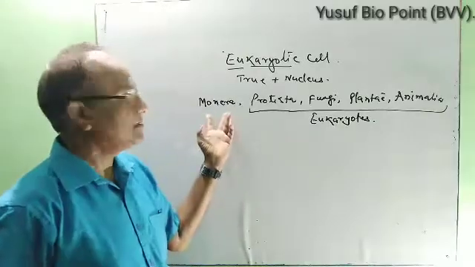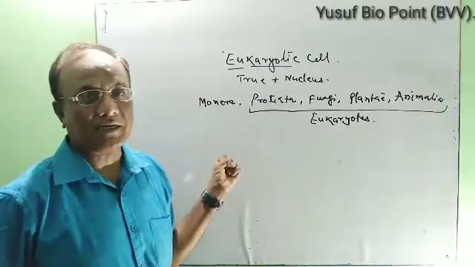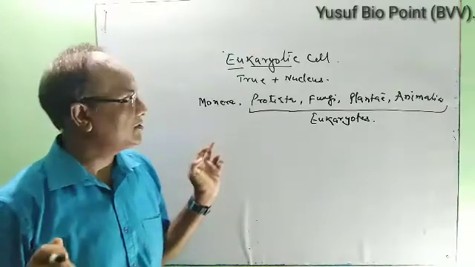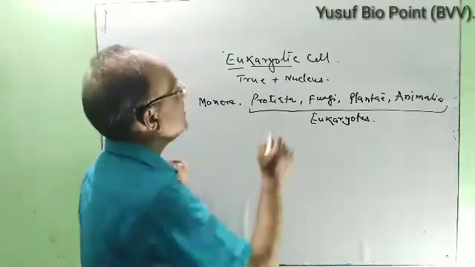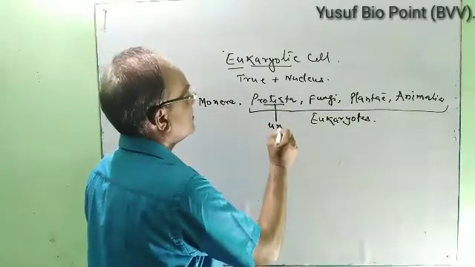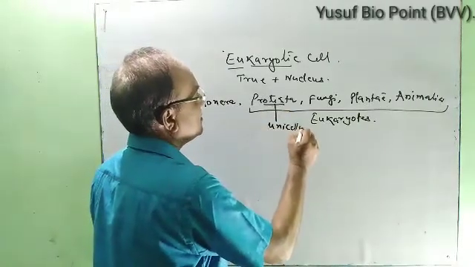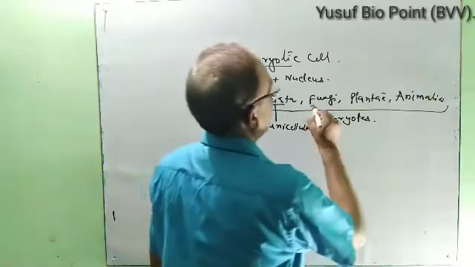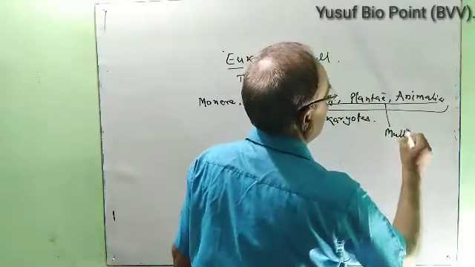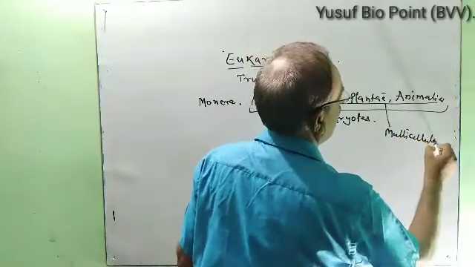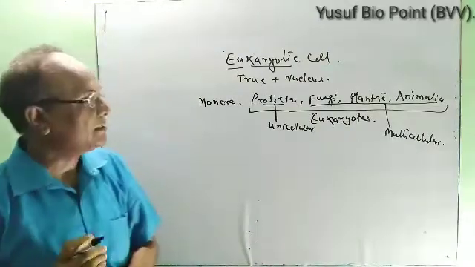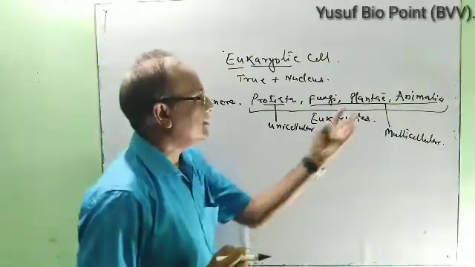And you have already studied that Monera is prokaryotes. Protista is unicellular, and these are multicellular. But we have to study these two.